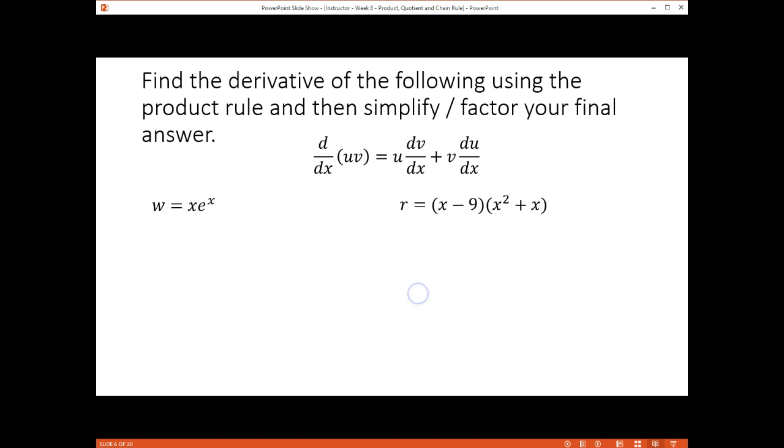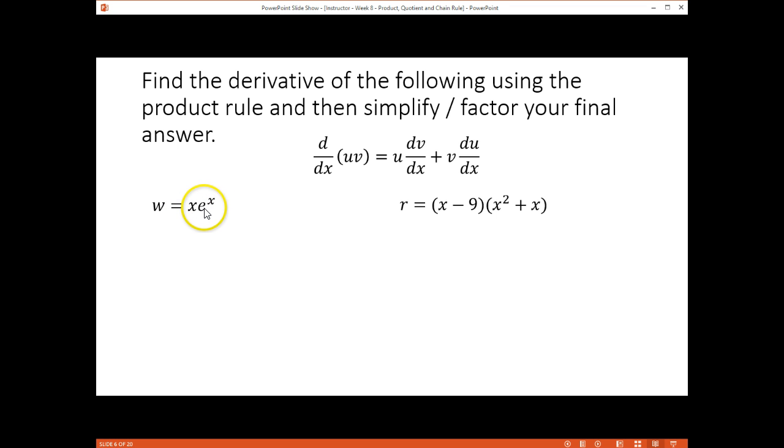Let's see how this works. Here we have two separate examples. I'm going to look at two functions, w equals x times e to the x. I have two distinct functions, an x and an e to the x, and my product rule is the derivative of u times v is u dv dx plus v du dx. Clearly my u is my x, that's a distinct function unto itself.